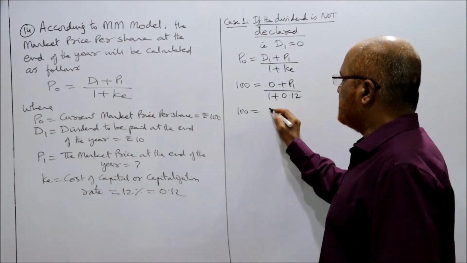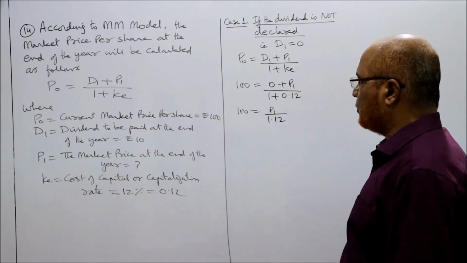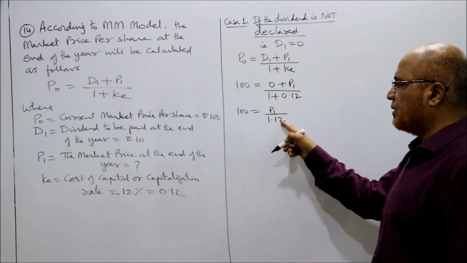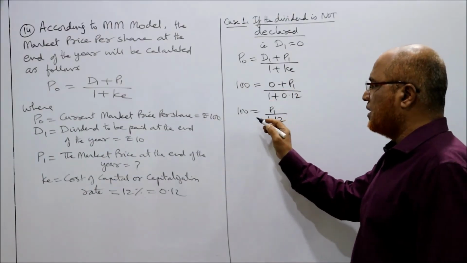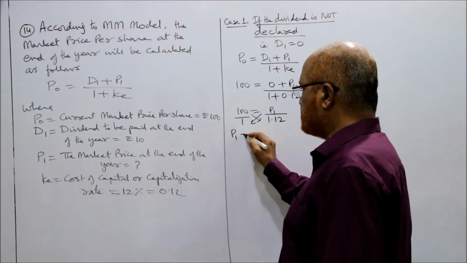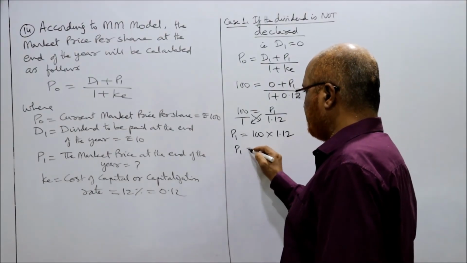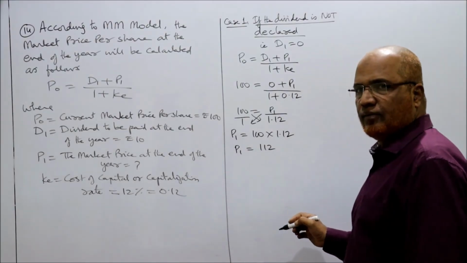So 100 is equal to P1 divided by 1.12. 1 plus 0.12 is 1.12. 0 plus P1 is P1. Now if we make a cross multiplication, P1 is equal to 100 into 1.12. So P1 is equal to 112.